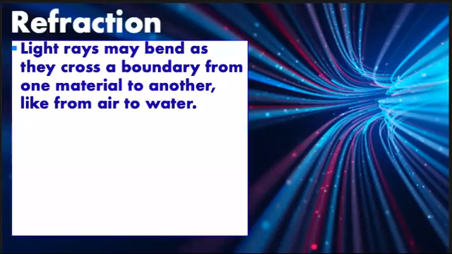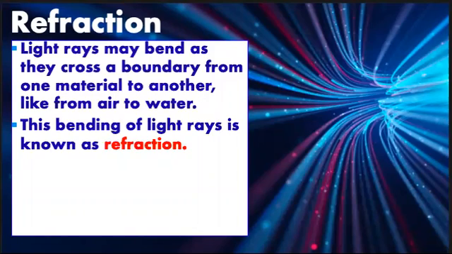Refraction happens when light rays pass through a medium. Thus, it is bent. Light rays may bend as they cross a boundary from one material to another, like from air to water.